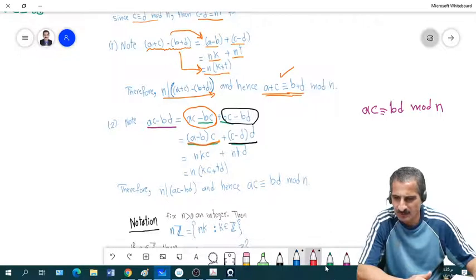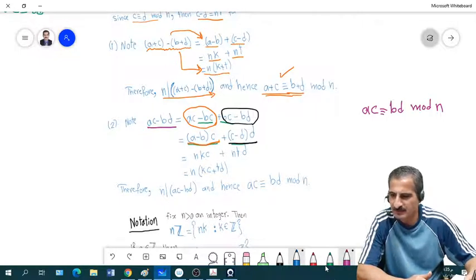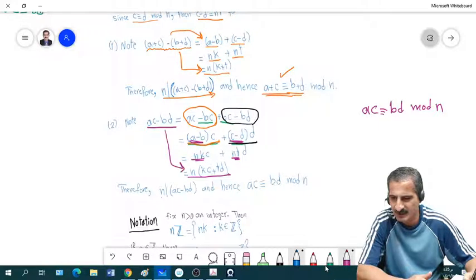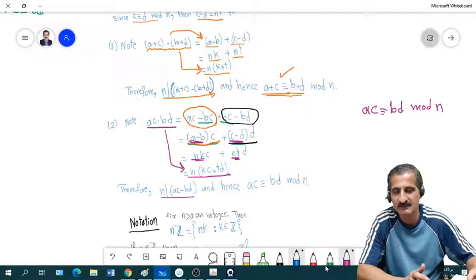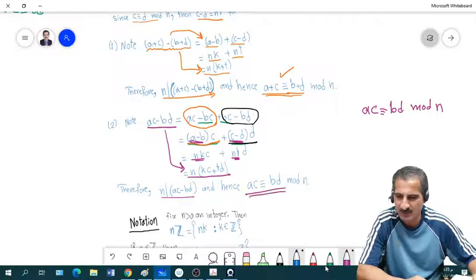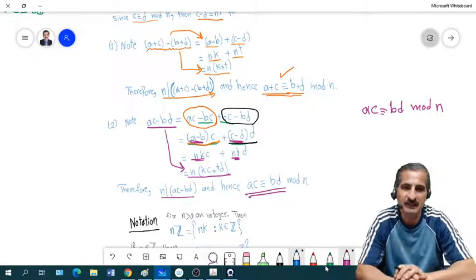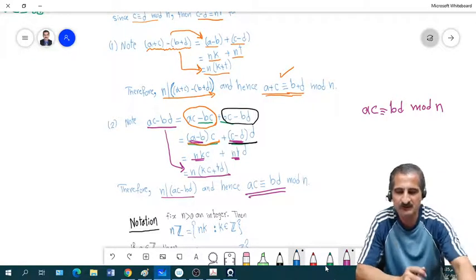Now we know that b minus c, we have seen it before, it is nk, and c minus d is nt. Now collect things together, take n as a common factor. Now we got ac minus bd is a multiple of n, which means n divides ac minus bd, and therefore ac and bd are congruent modulo n, and the theorem is proved.